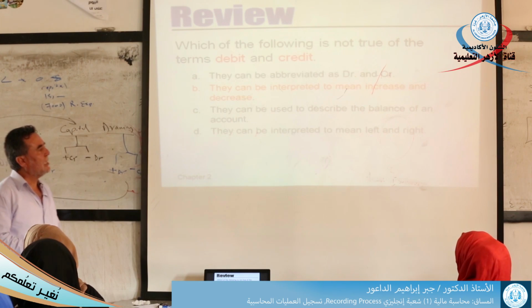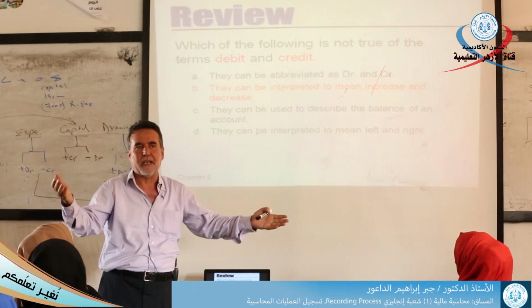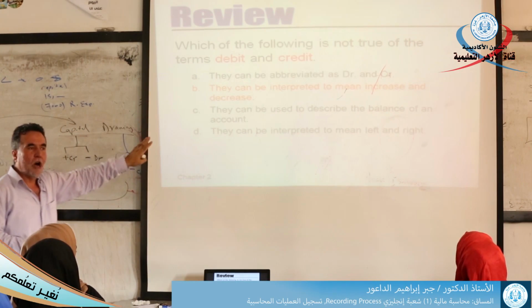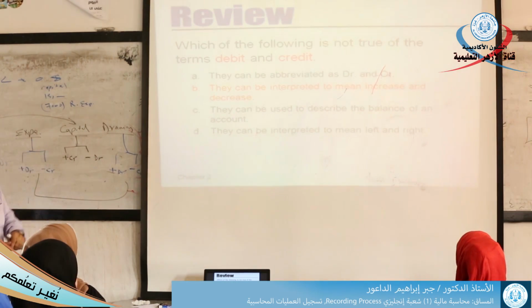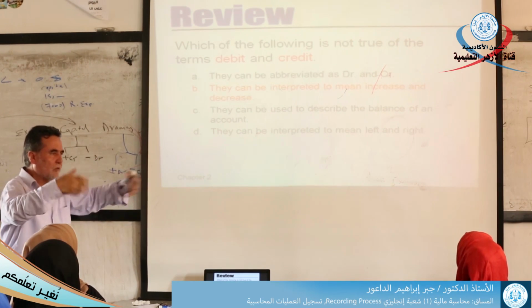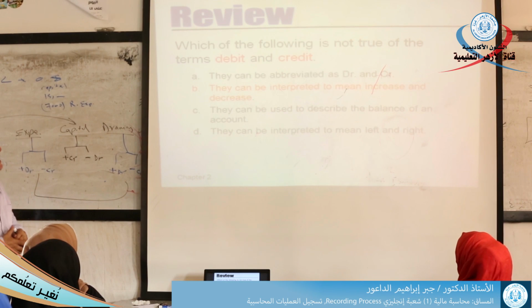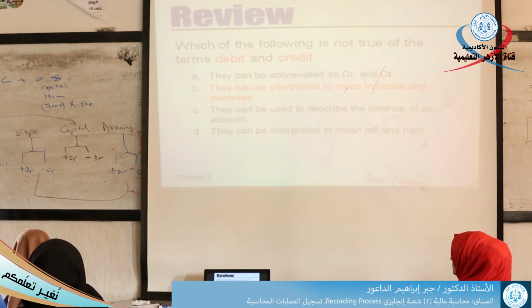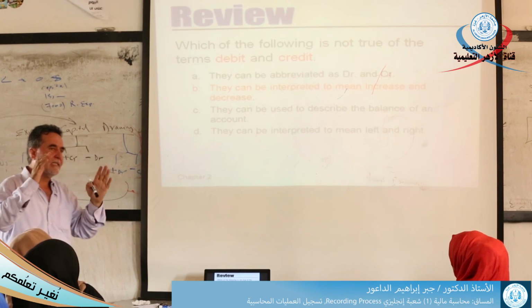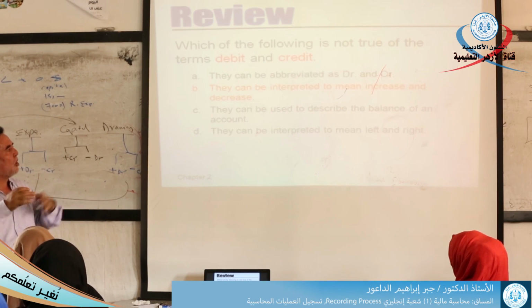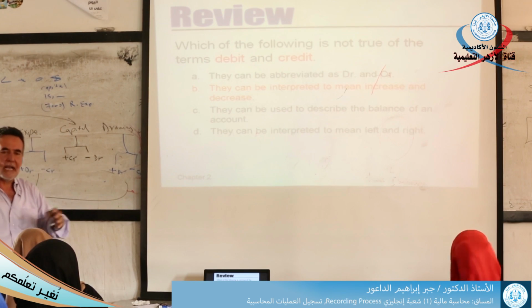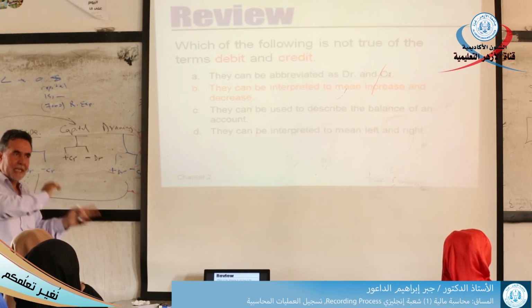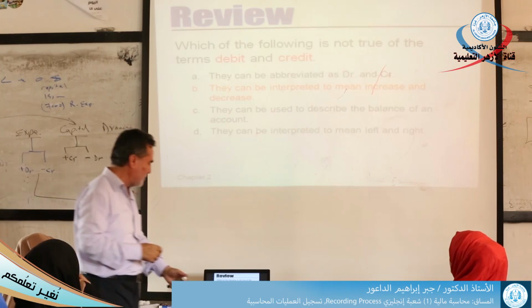They can be interpreted to mean left or right: that's okay. But the false one is that they can be interpreted to mean increased and decreased. No, not increased and decreased, but left or right, or to describe the balance. The balance may be increased or decreased, not that amount.